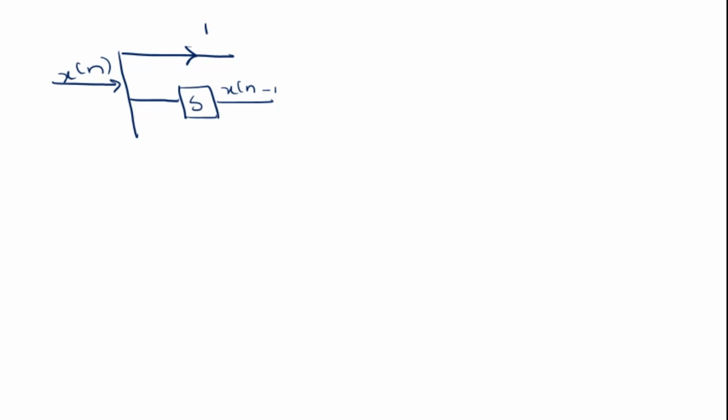Then we can draw the block diagram representation as, this is the input x of n. So first one is 1, second one is x of n minus 1, third one is x of n minus 2.